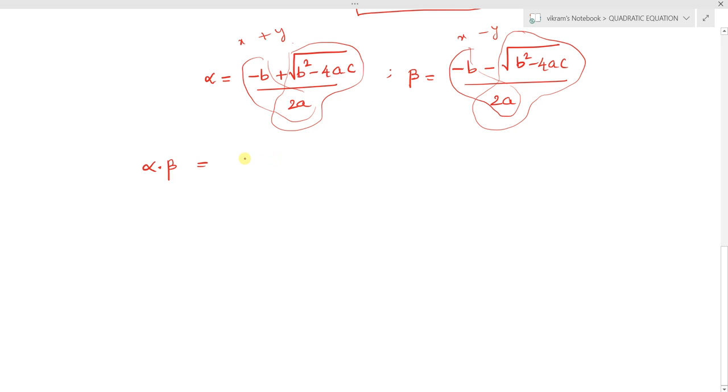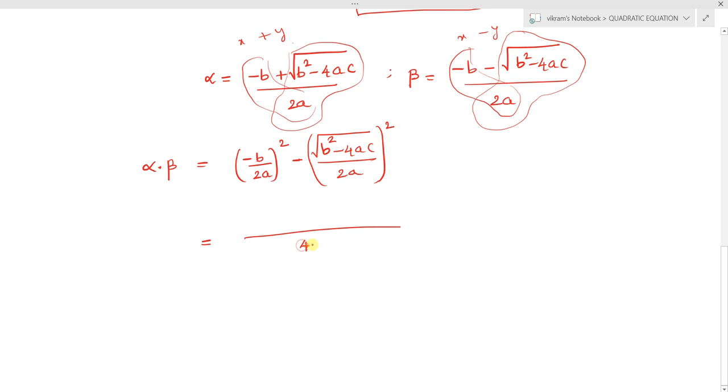What is x square? Minus b by 2a whole square. And y square is square root of b square minus 4ac by 2a whole square. In the denominator we obtain 4a square.